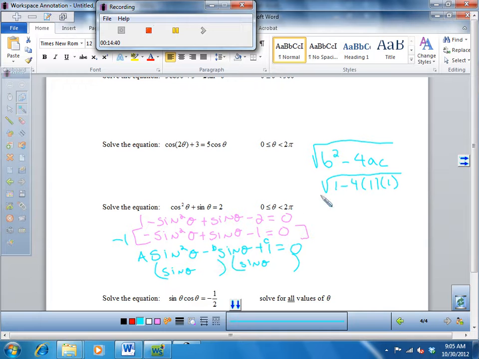Yeah, but when I square it, it becomes positive 1. Minus 4 times A, which is 1, times C, which is 1. This gives me the negative square root of 3, and so for this one, there's no solution because you have imaginary roots. See? Because it doesn't factor, because the discriminant is negative.